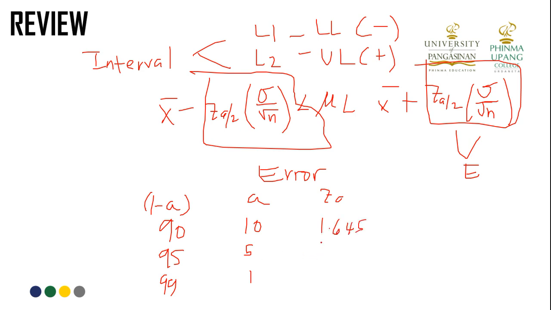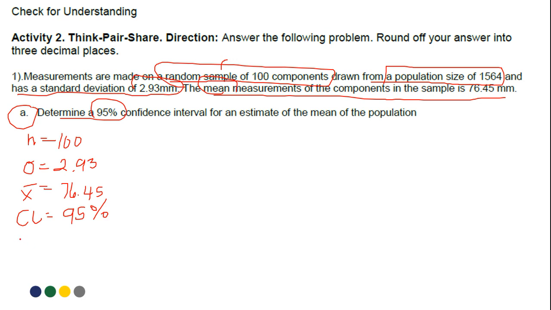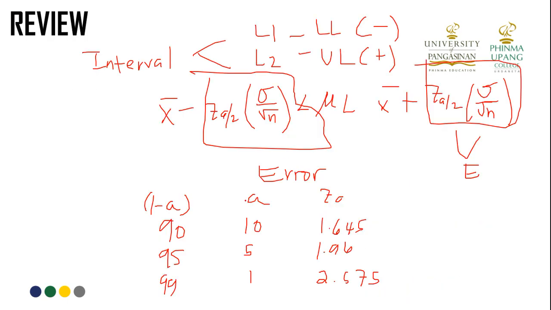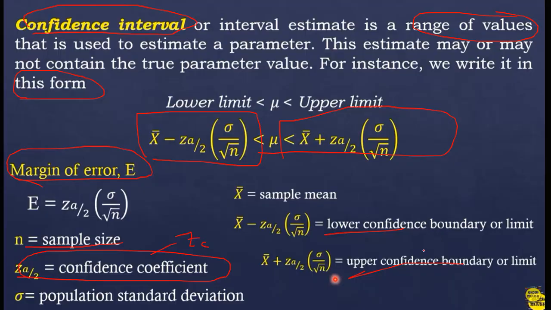If you have 95%, that is 1.96. If you have 99%, that is 2.575. So here, since we have 95%, the critical value now is 1.96 based from the table. Here po, that is 1.96.